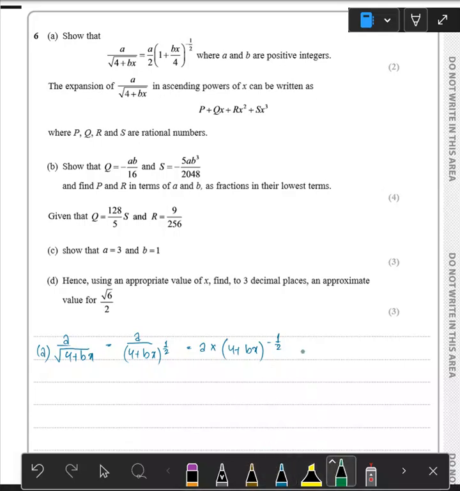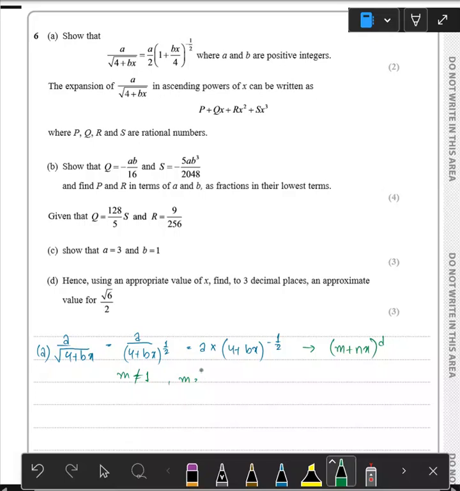So 4 plus bx to the power negative half is actually in the form of m plus nx to the power d, right? But here m is not equal to 1, m is actually equal to 4.